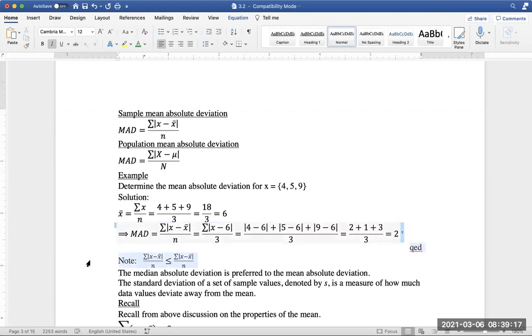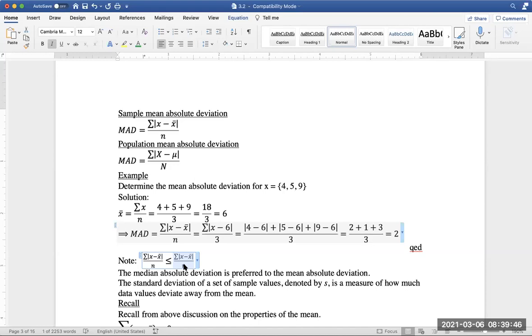Note that the median absolute deviation is always less than or equal to the mean absolute deviation. So measuring dispersion from a mean should not be done by looking at the mean absolute deviation.